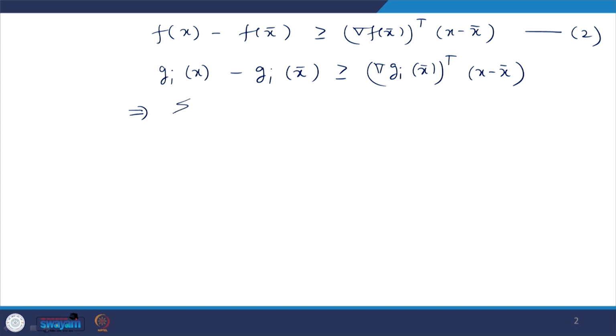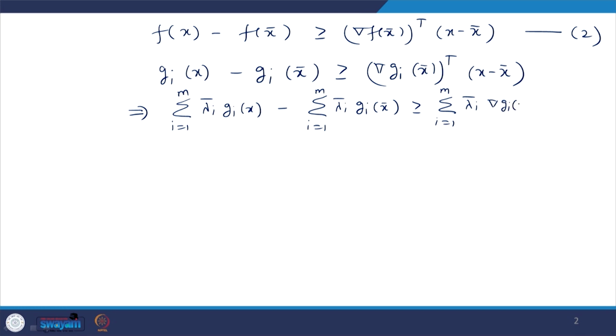So what we get is summation i from 1 to m lambda_i bar g_i(x) minus summation i from 1 to m lambda_i bar g_i(x bar) is greater than or equal to summation i from 1 to m lambda_i bar gradient of g_i(x bar) whole transpose (x minus x bar). Suppose this is 3. Now, add 2 and 3.